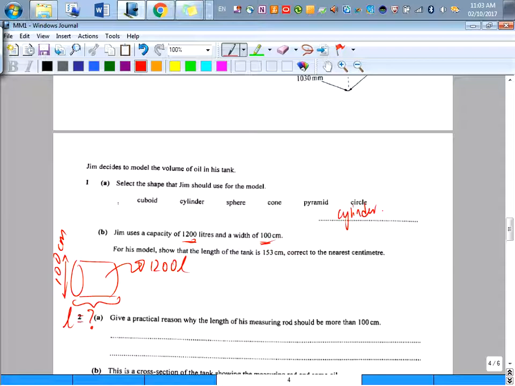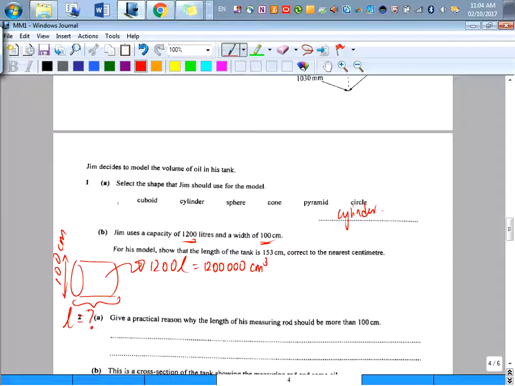Then the volume of a cylinder is simply base area times height. In base area, the cross-sectional area will be that of a circle. Volume, 1200 liters, is equals to 1200000 cubic centimeters. I changed it to cubic centimeters because over here my width is already in centimeters. I need to be consistent.